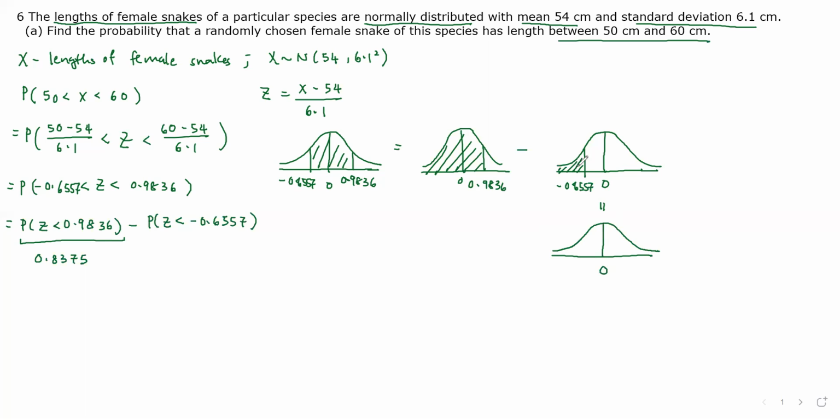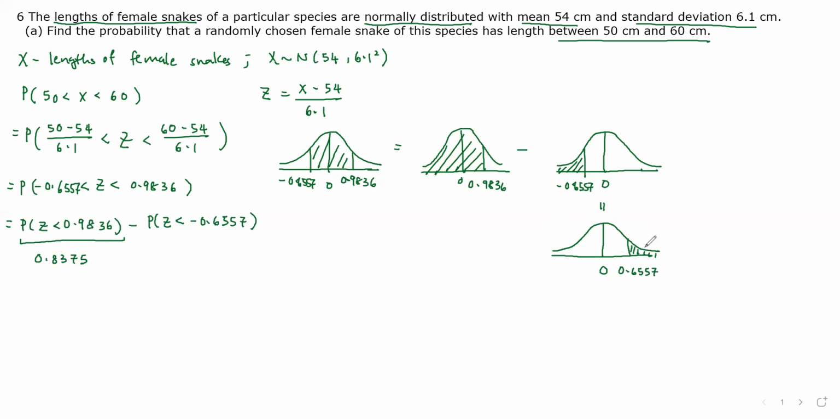The table only gives us left-tail areas on the right of the mean, so instead of finding this area directly, which is not possible from the table, we can use the symmetry.